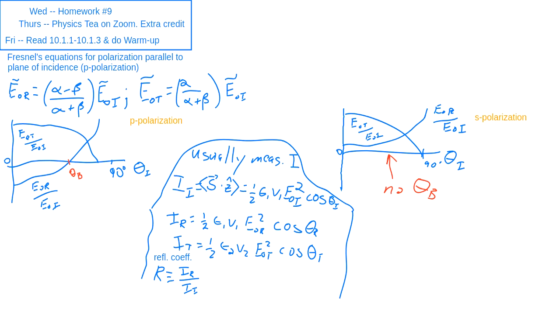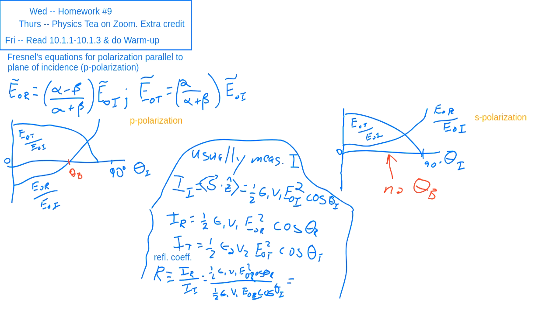I could write all this out and we get 1/2 epsilon 1 v1 E naught reflected squared over 1/2 epsilon 1 v1 E naught incident squared, times cosine theta reflected over cosine theta incident.